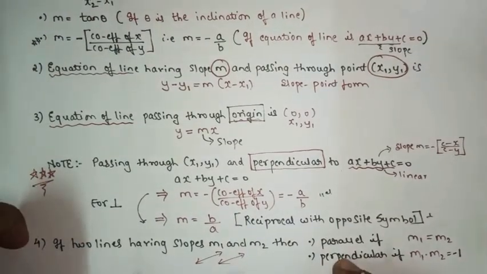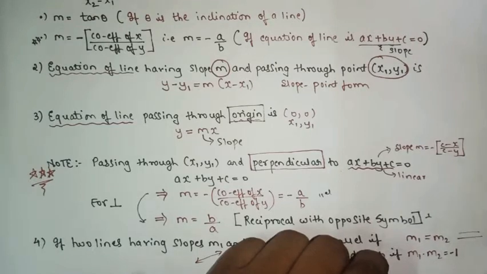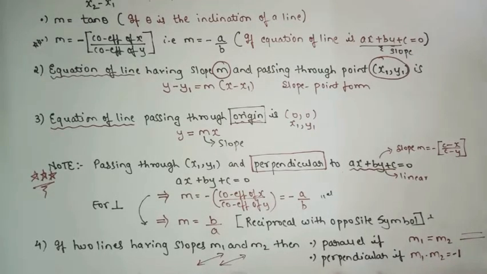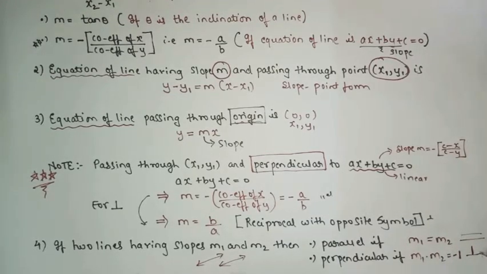Then there is a condition: the two lines are parallel if their slopes are equal. For perpendicular, the product of the two slopes m1 m2 should be equal to -1. For perpendicular, the product should be equal to -1.